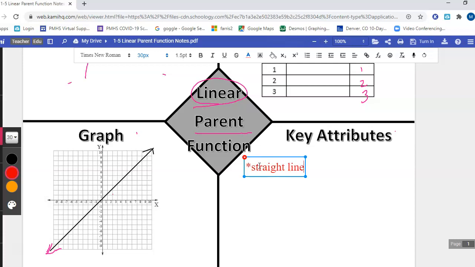A linear equation is a straight line. There's no curves, and there is no maximum or minimum. This will also, as you go across the graph from left to right, be increasing everywhere.